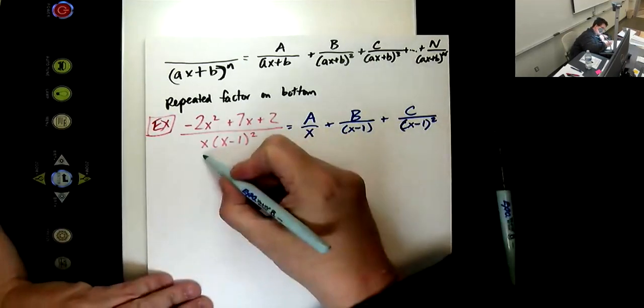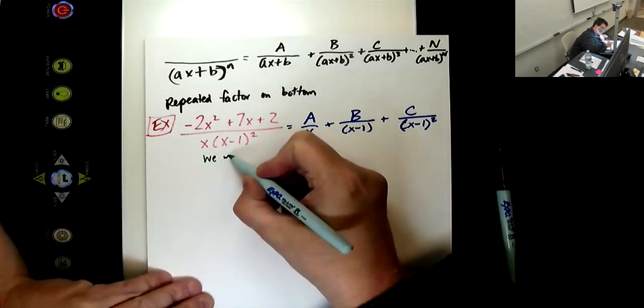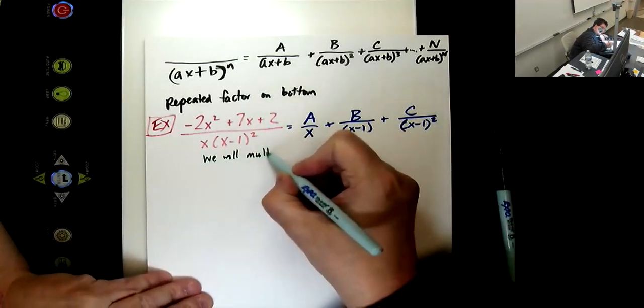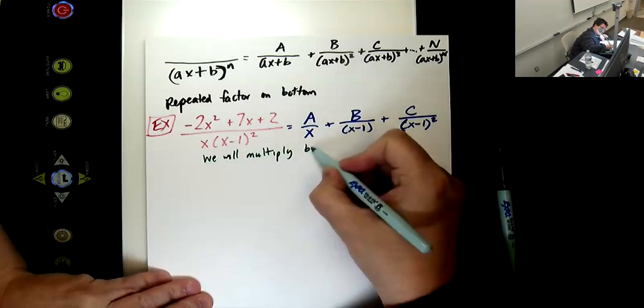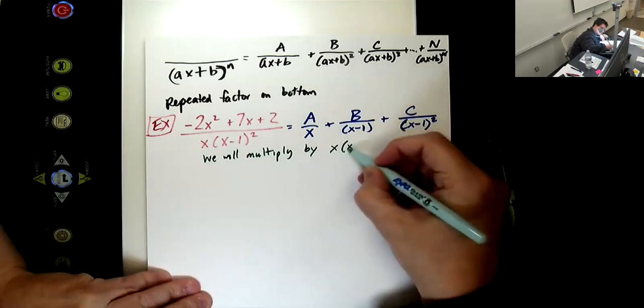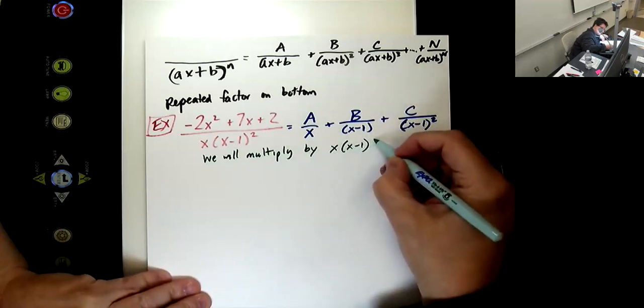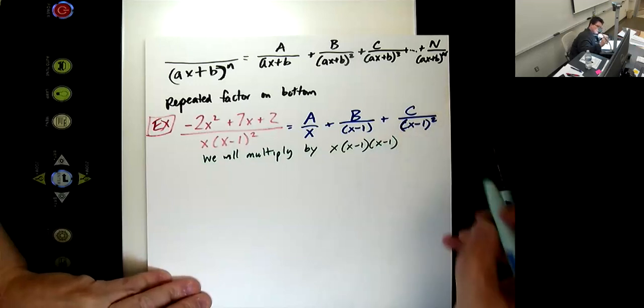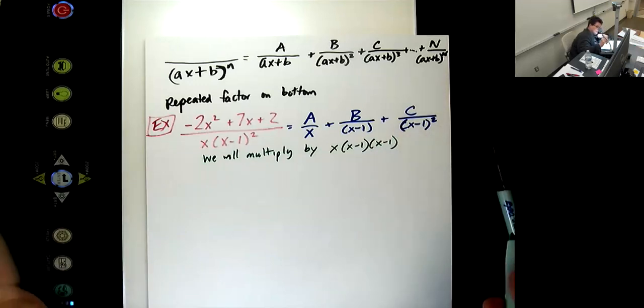So we will multiply by x times x minus one. I think it's a little easier to see the x minus one right now instead of squaring it.